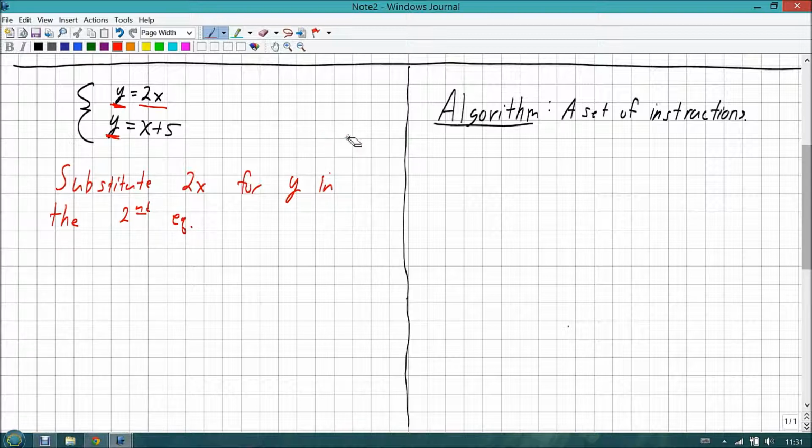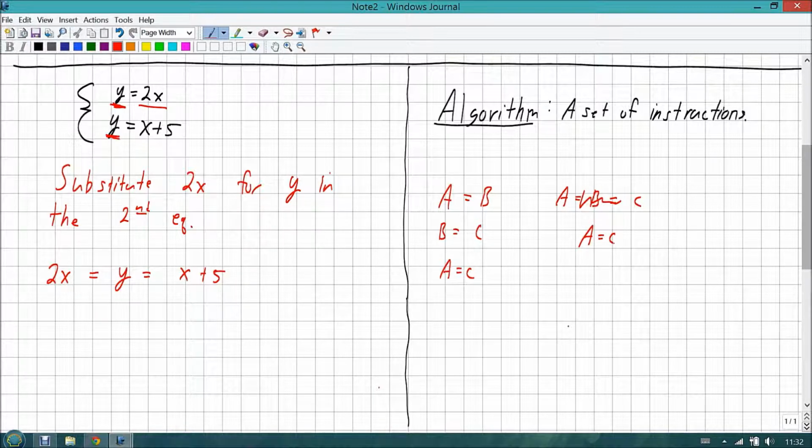Now, writing it out linearly, all in one line, I would see that 2x is equal to y. But y is also equal to x plus 5. We should remember from before, if a is equal to b, and b is equal to c, then a is equal to c, because you have a equal to b equal to c. We just take out the middleman and we get to the ends.